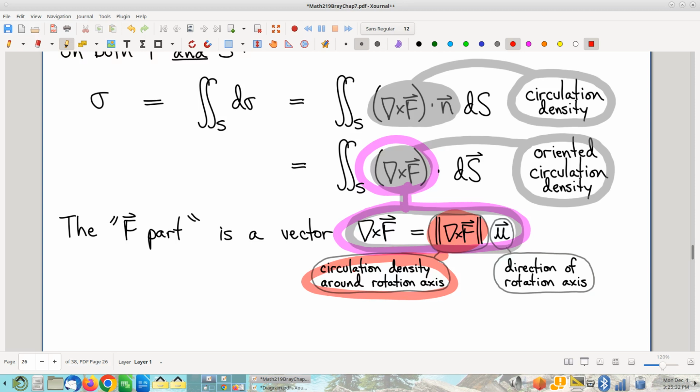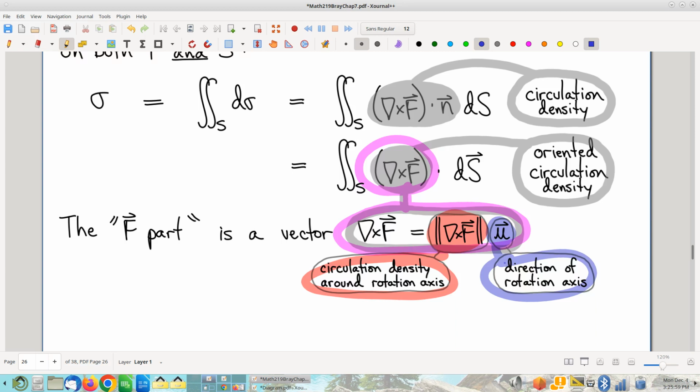So the magnitude tells you overall how much of a rotation there is. We'll worry about the direction momentarily. And then the direction that it points tells you around what axis this fluid is rotating. So in particular, if the fluid's rotating kind of like this, well, then it's rotating around this axis.